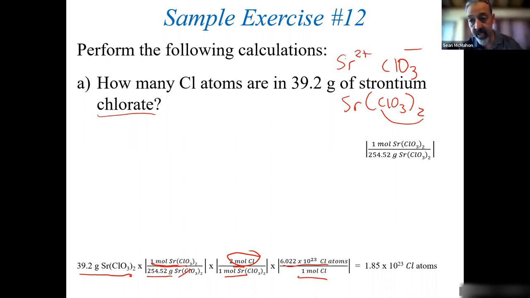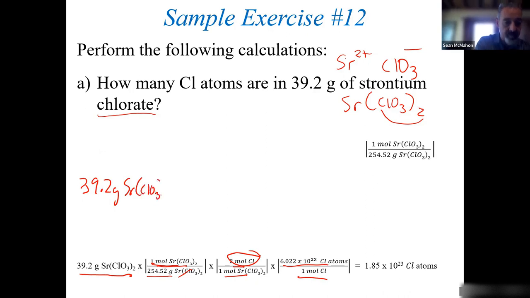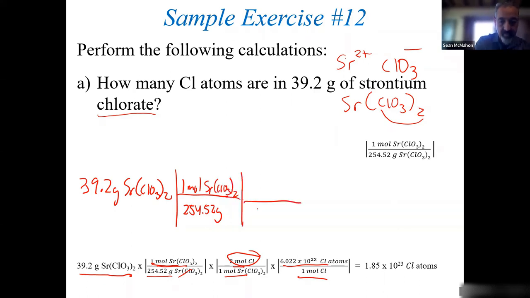Now, there is another way. You could say 39.2 grams of strontium chlorate. There's 254.52 grams per 1 mole of strontium chlorate. In 1 mole of strontium chlorate, instead of doing a mole ratio, you can just say there's 6.022 times 10 to the 23rd formula units of it.